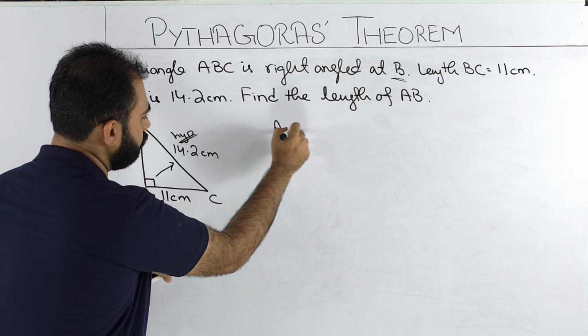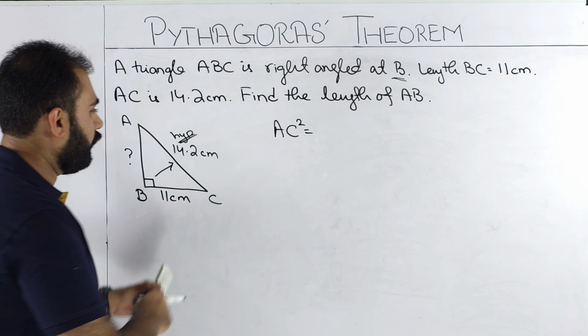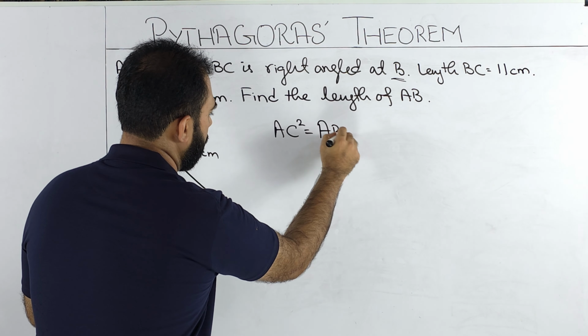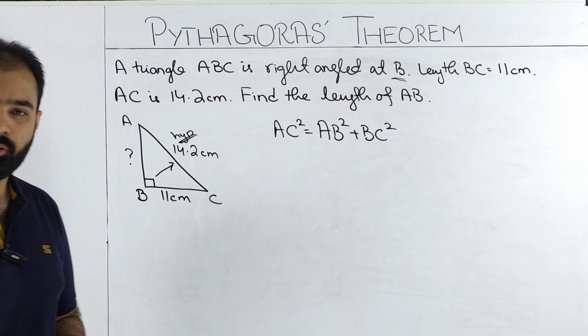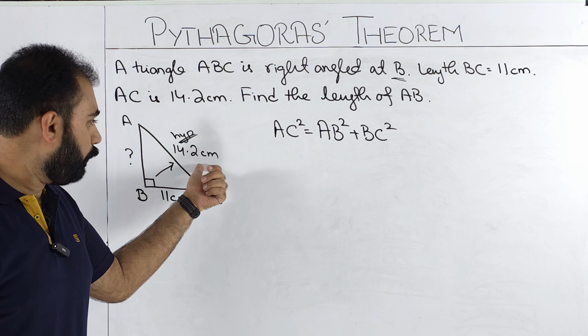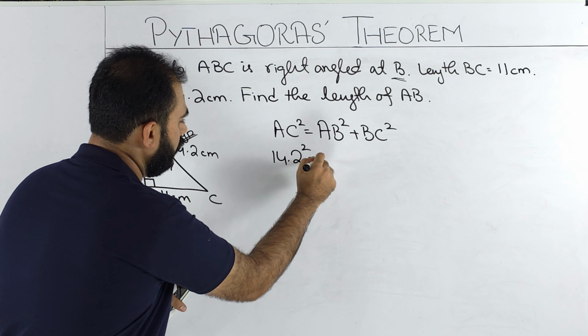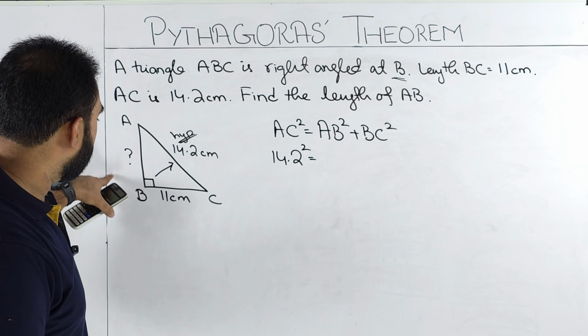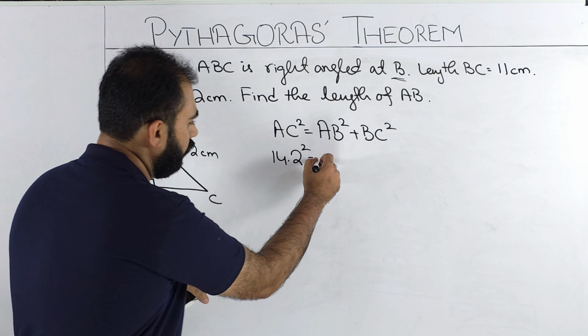AC square is equals to AB square plus BC square. 14.2 square, AB we have to find out, but there is no unknown mark, so we are going to write the name of the length, that is AB, as it is.